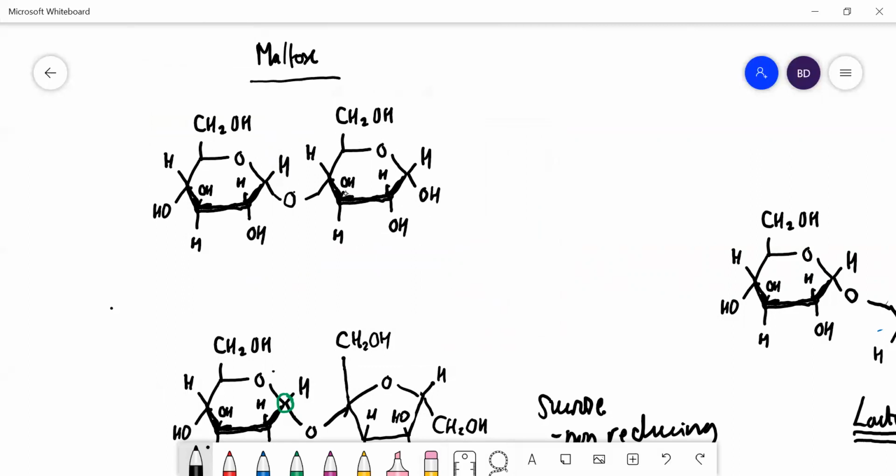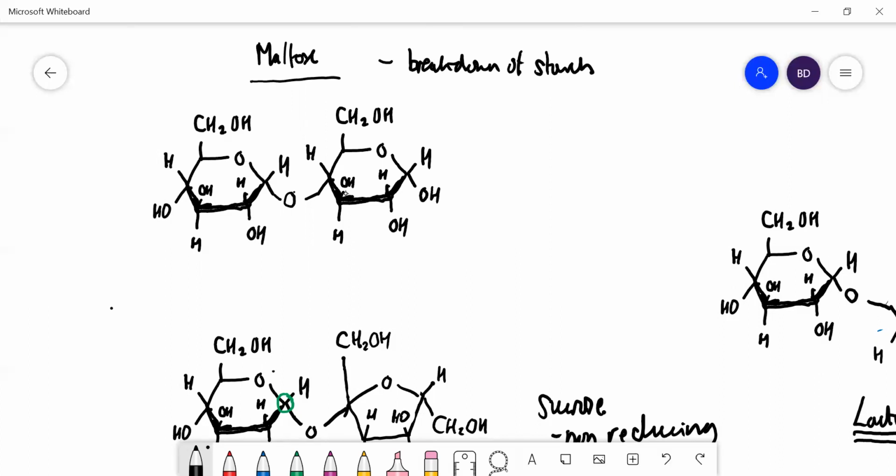And you get maltose from the breakdown of starch. Okay, so you get it in your gut. Starch is broken down into maltose by the enzyme amylase, and amylase can't break it into monosaccharides. So there's another enzyme called maltase on the surface of the intestinal cells, which breaks it down to glucose. You also get maltose in malt, and where you get malt from is barley, which is a seed.